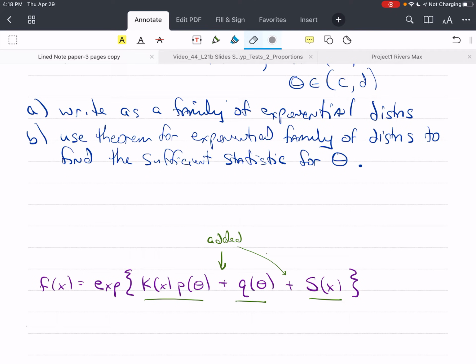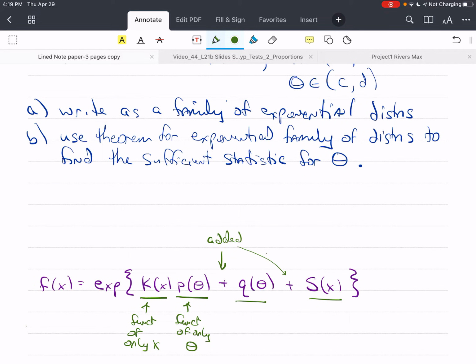Now, this first term has to be a product of a function of only x multiplied by a function of only theta.